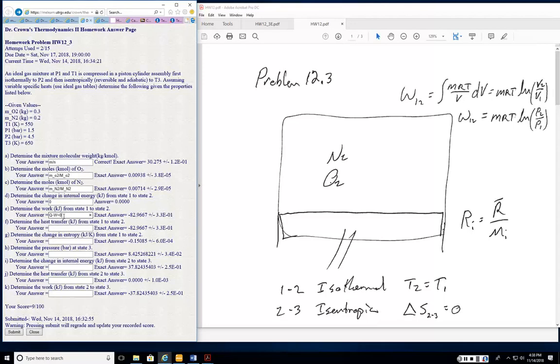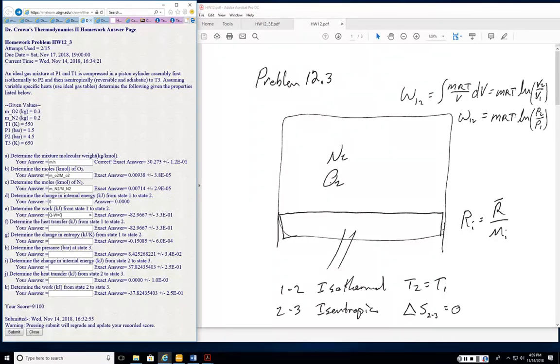So I'm going to use the work equals integral P dV, and that's kind of where I start off here. So the work from 1 to 2, P is equal to mRT over V, and since it's an isothermal process, the mass is constant, the gas constant is constant. So I'll have mRT over V dV, and then take the numerator out of the integral and integrate 1 over V dV, and I get this expression.